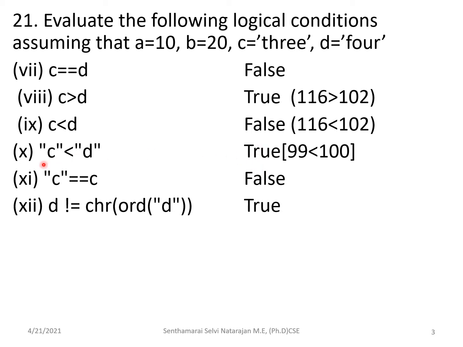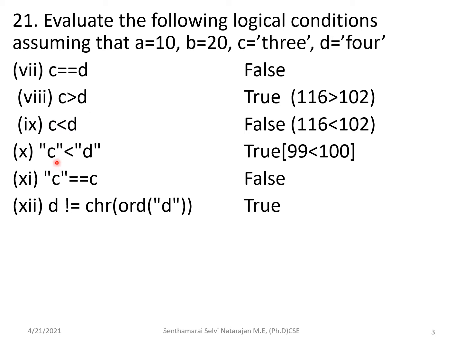If you are considering the ordinal values of t and d, here you see 116 and 112, it gives false. Here the value of c is 3 and the value of d is 4, and you are evaluating these two expressions.